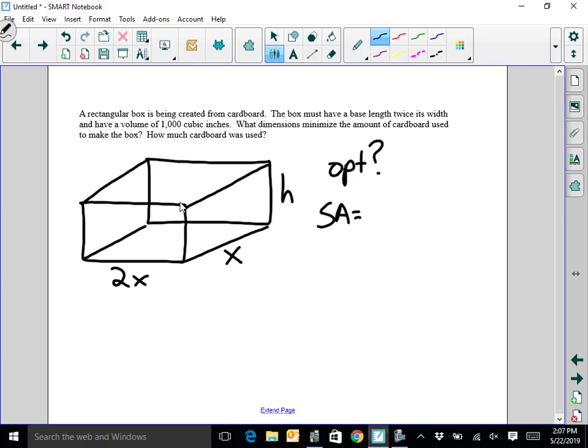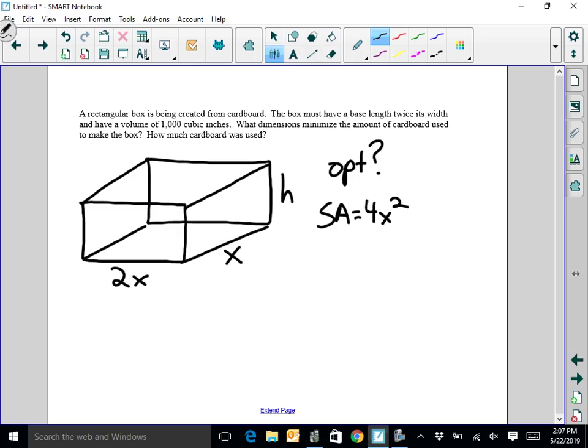What's the area of that base of the box? Well, that would be x times 2x, or 2x squared. But I have to remember there's a top that's also x times 2x. So 2x squared comes up twice. 2 times 2x squared is 4x squared. So I'll get 4x squared for my top and bottom.